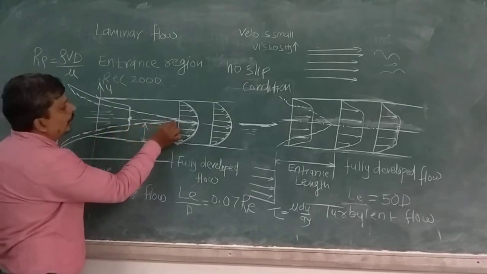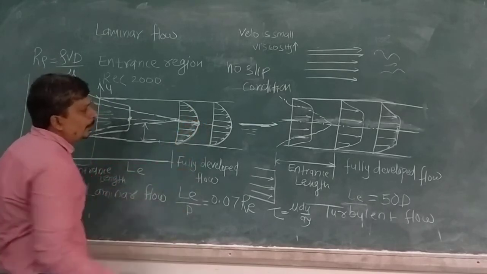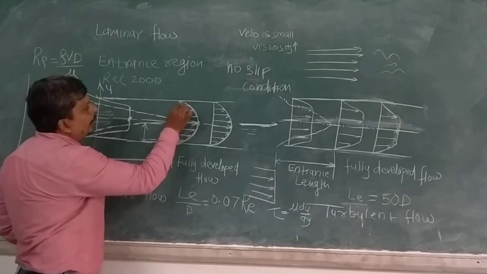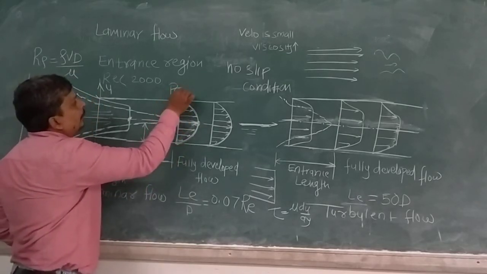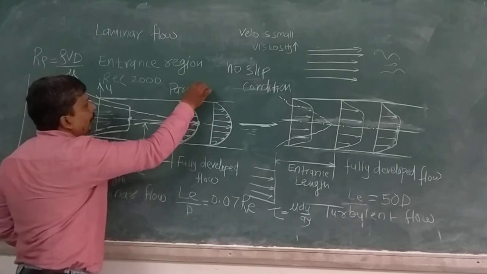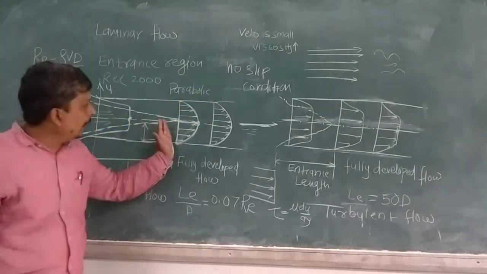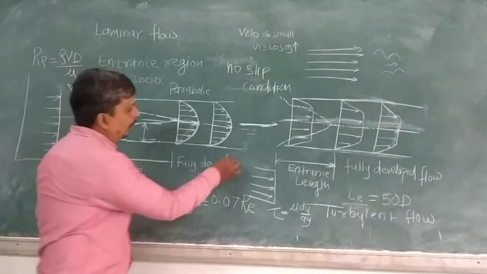As the flow converges, at the center velocity becomes maximum, and here velocity is minimum. So the profile we get is a parabolic shape. The velocity profile becomes parabolic, and after that this profile will not change along the length of the pipe.